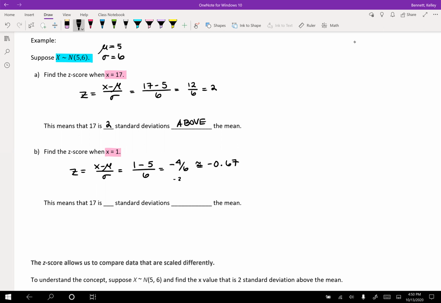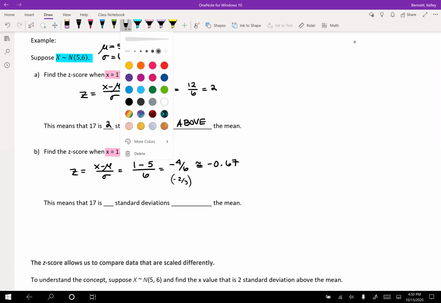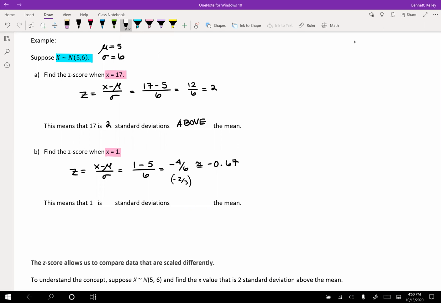Because this is negative 2/3. Oh, that was supposed to be 17. Maybe let's try doing it with a little correction here. Perfect. So this means that 1 is negative 2/3 standard deviations below, right? Because it's negative. So I could put a decimal, I could put a fraction, it doesn't matter.